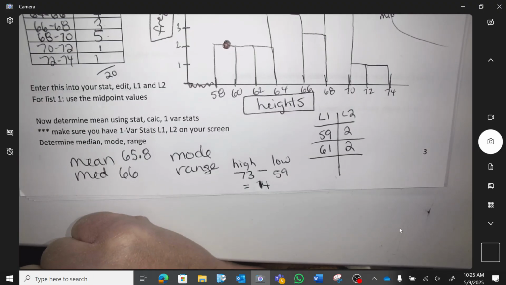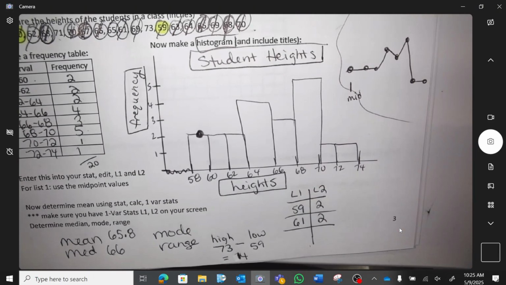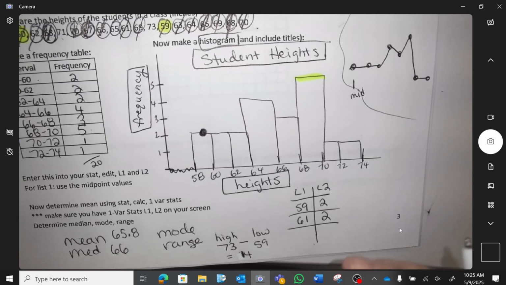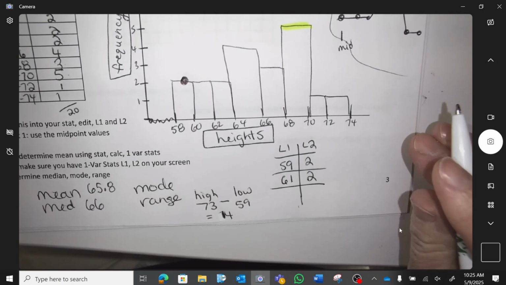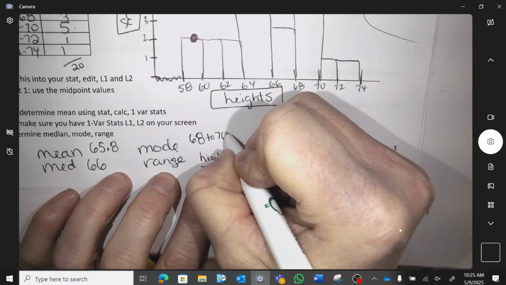And the mode. Look at my graph. What's occurring the most? This occurs the most, at 5.